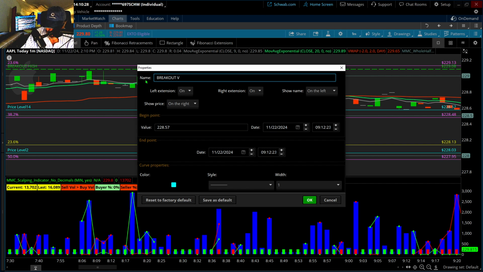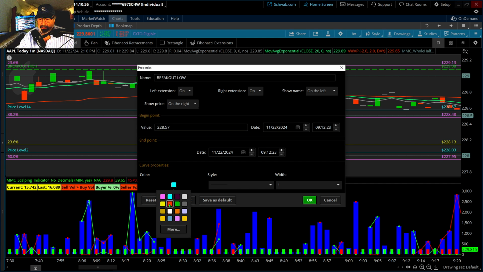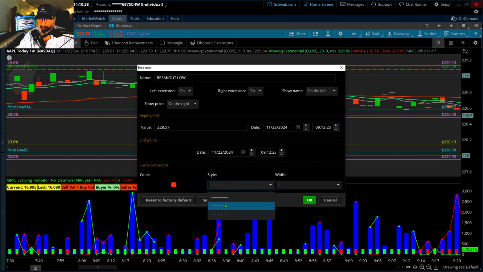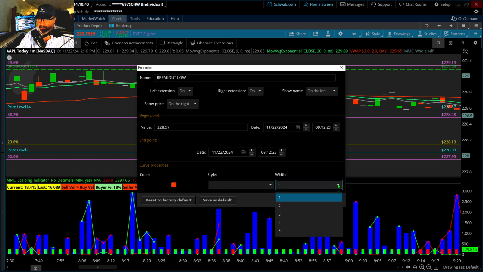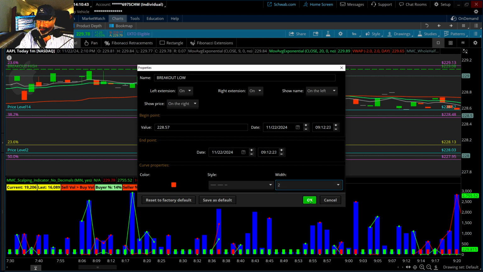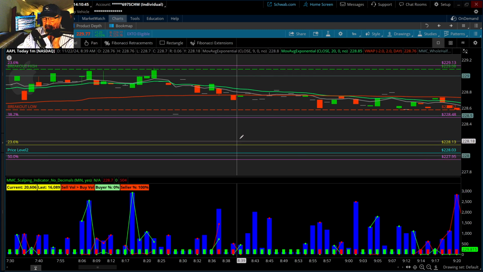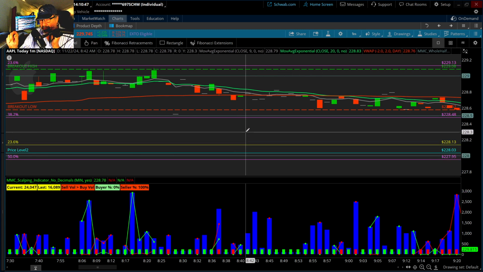Now, a lot of people ask me, how do you know which stock to trade? I would start the same way you trade: you look for the support and resistance levels. That's what I would start with. But then I would use the volatility meter to make sure the stock has a chance to break out.